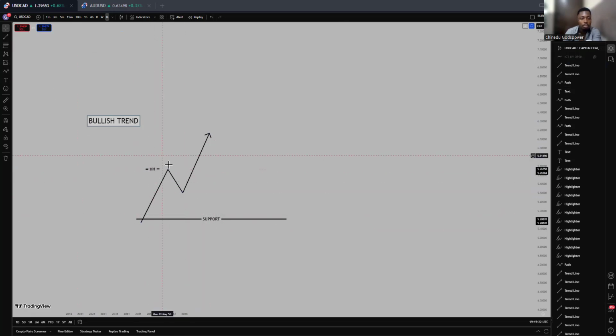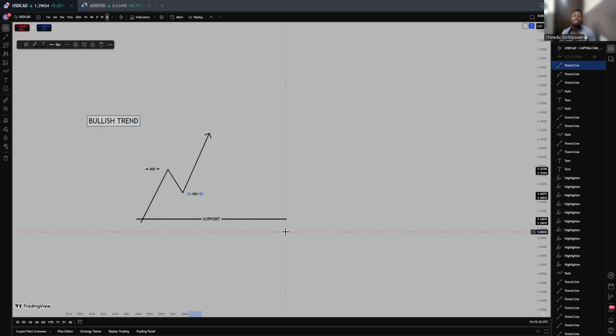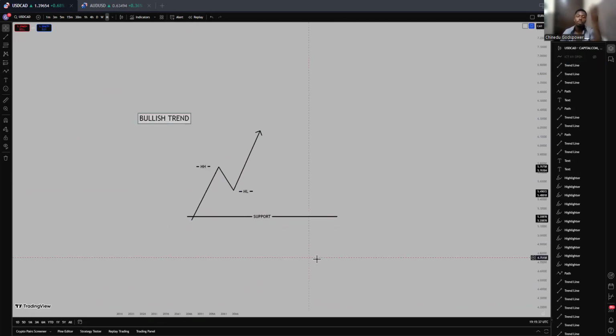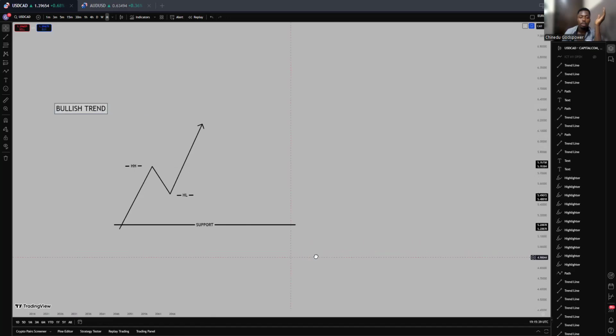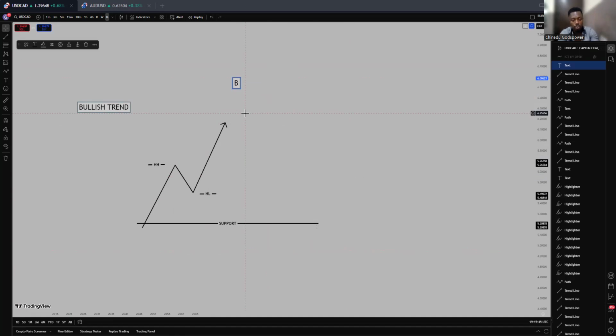Now the market came below and gave us a higher low. Now we want to understand what happened. How did price do this? What made price do this? Remember, our topic for today is break of structure.